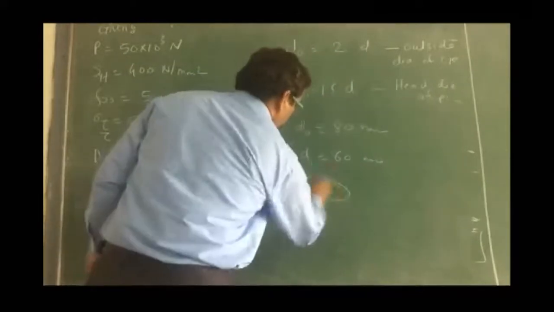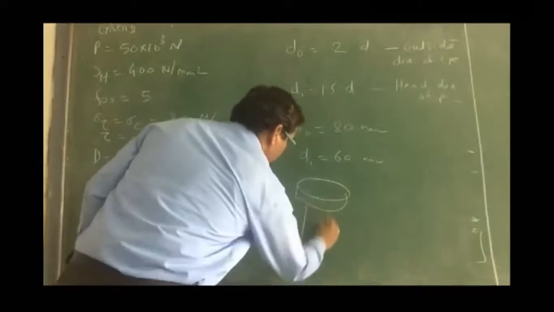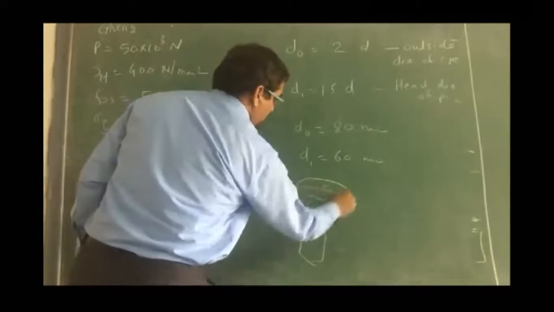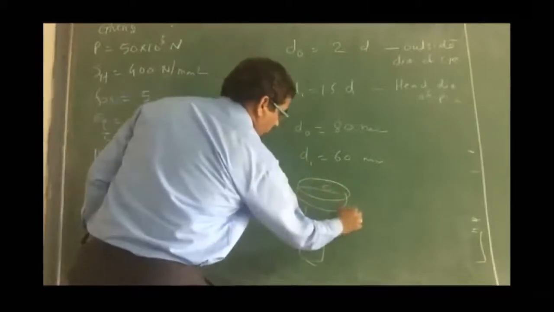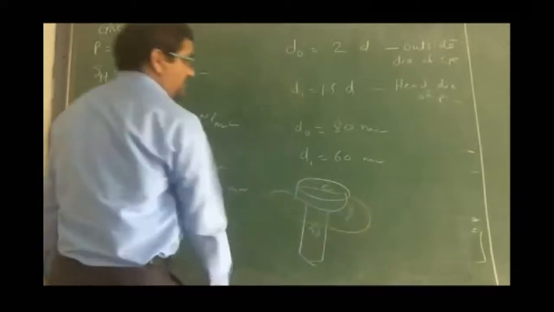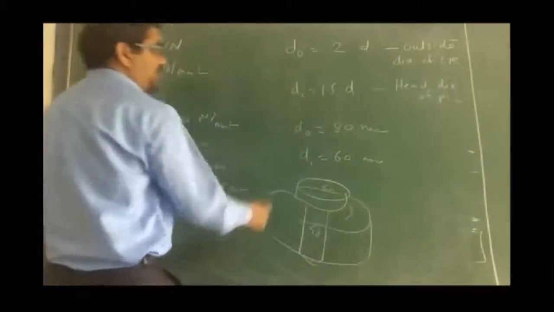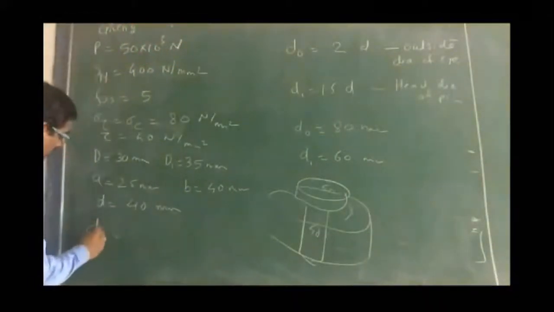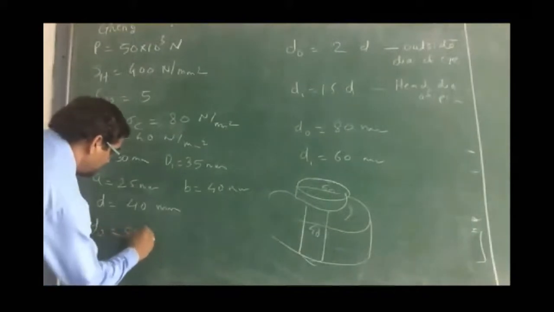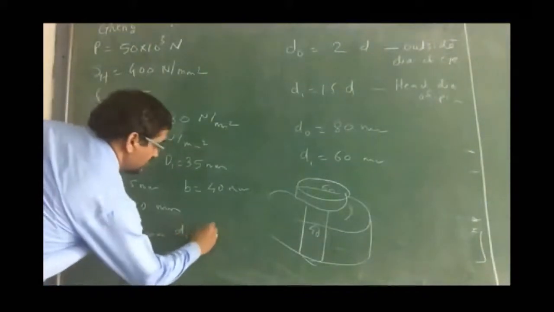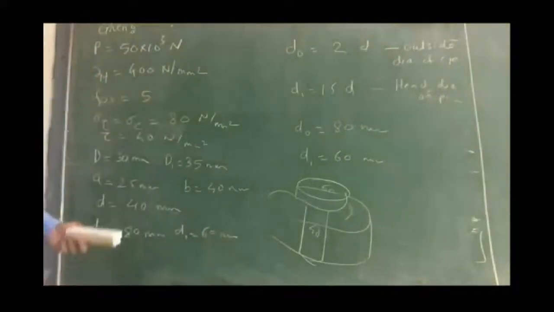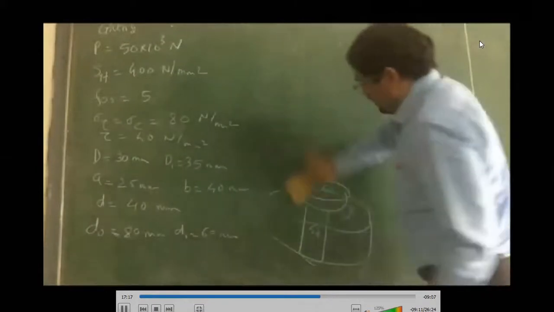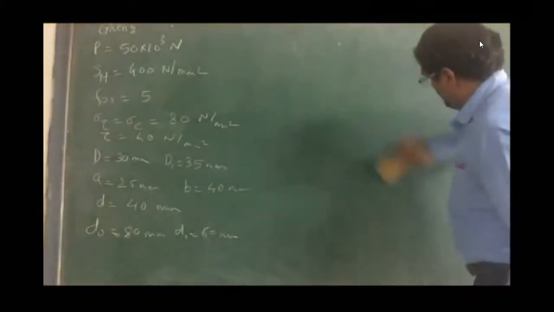For the pin we are going to design, we have got d as 40. This is 60 diameter, and on top of this there will be the eye, which will have a diameter of 80. So we have D0 as 80 mm and D1 as 60 mm. These are the dimensions which we need to complete the design of the knuckle joint.